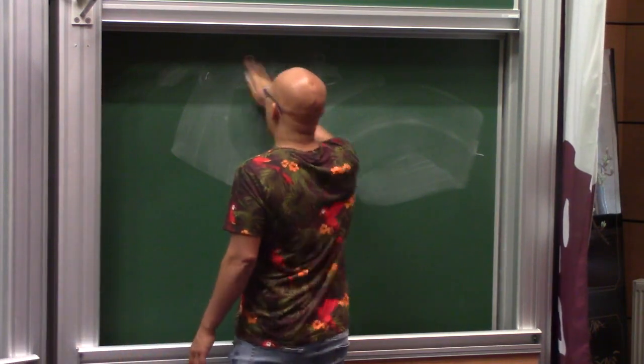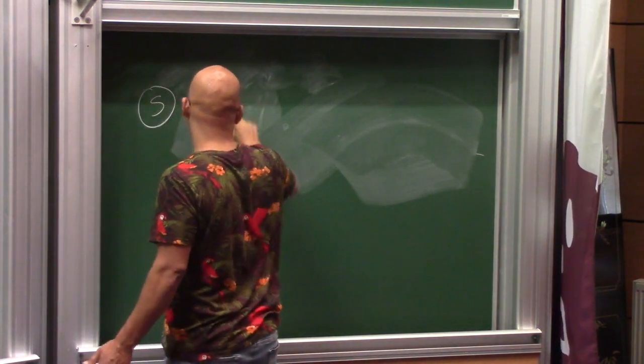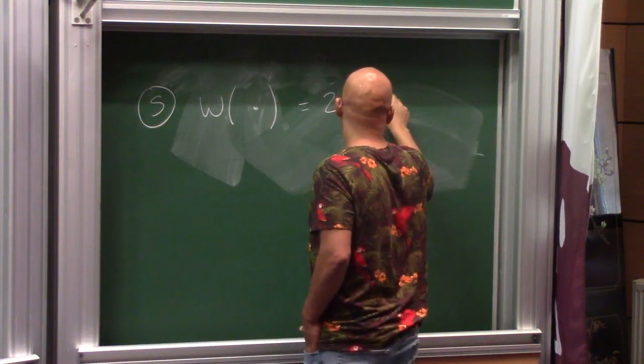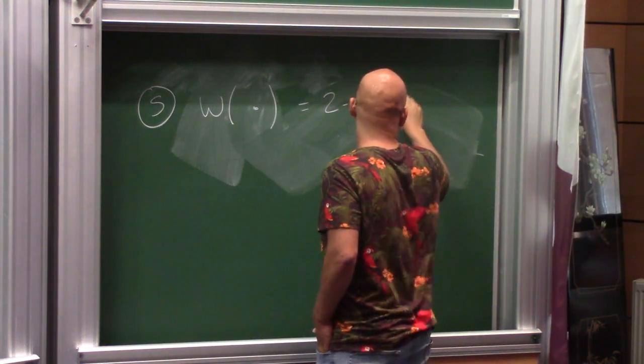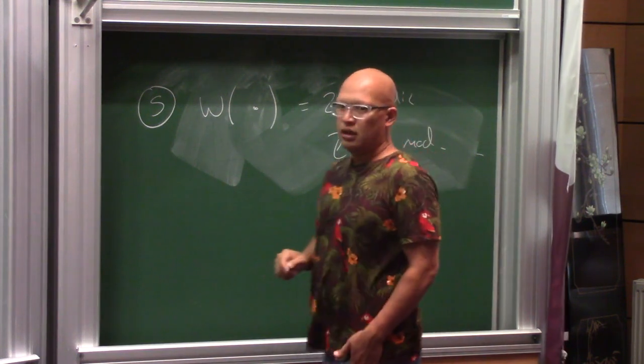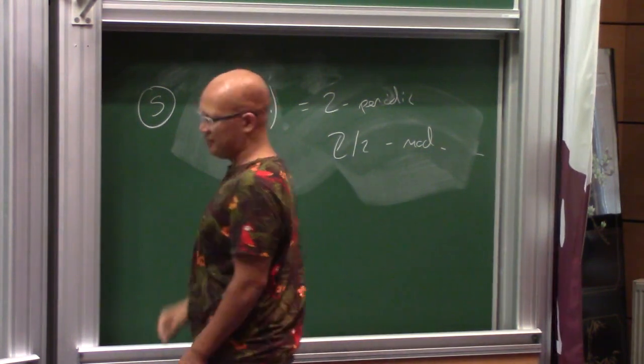So, as it stands, I'll just write this for now. So the point is two periodic Z mod 2 modules. Can you write point instead of a dot, because you have dot subspace?